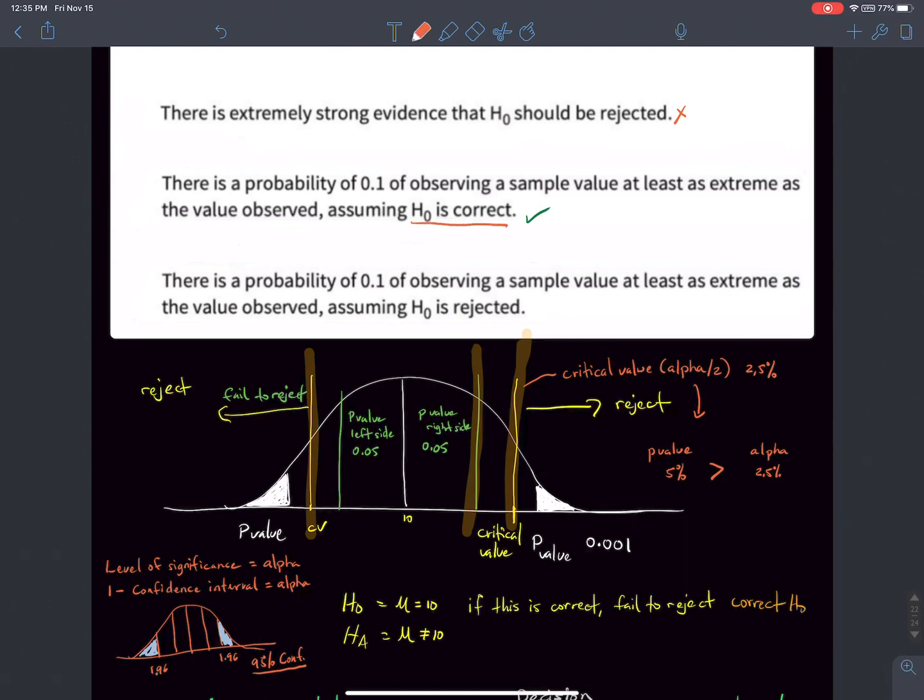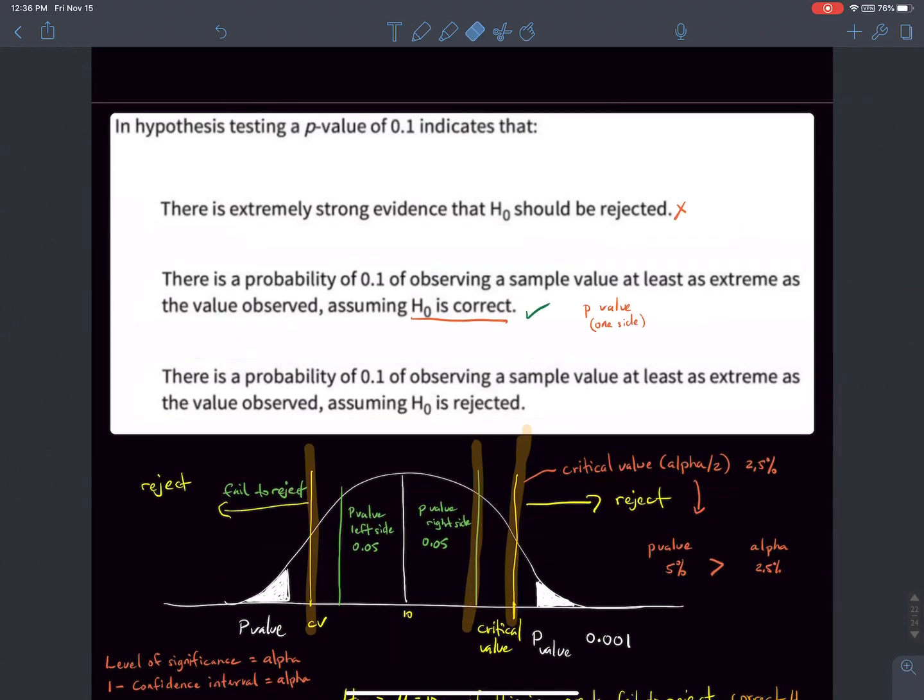Null hypothesis is true. Again, p-value is one side only, is 5%. In the problem, it is saying 10%. Right? So this one is 5%.